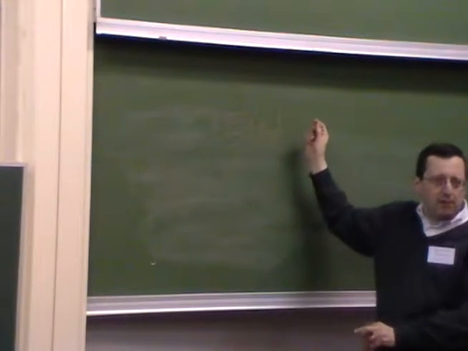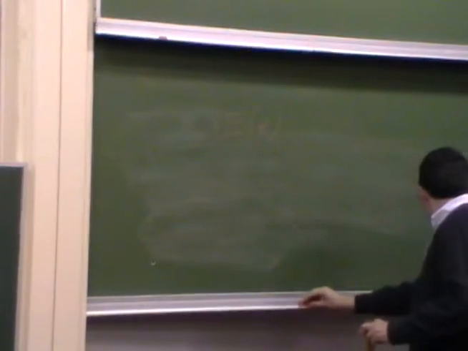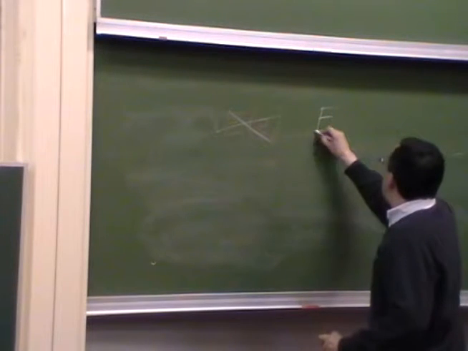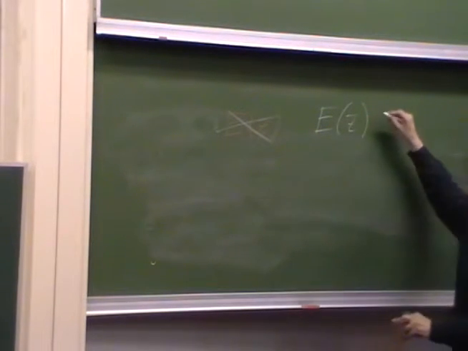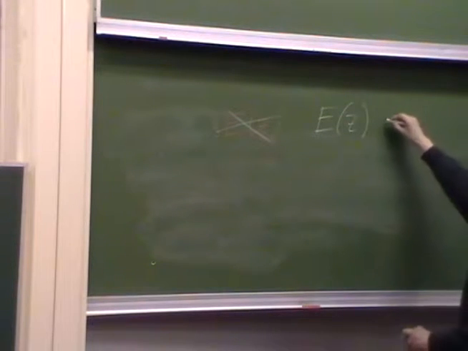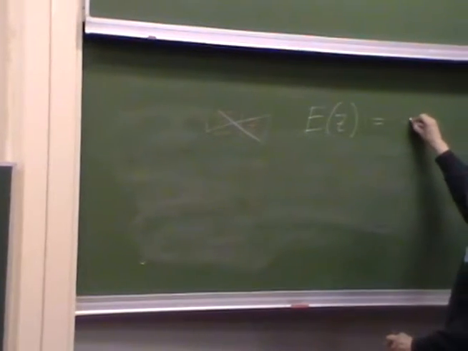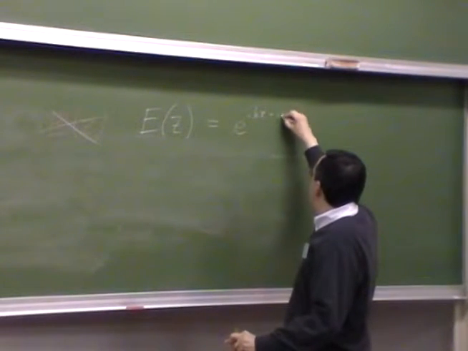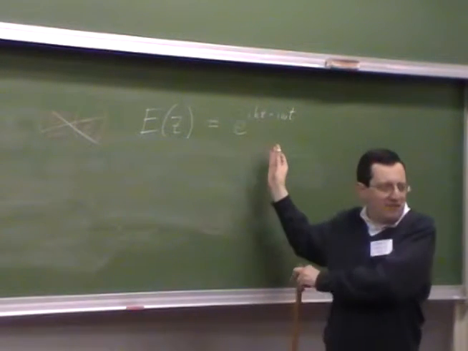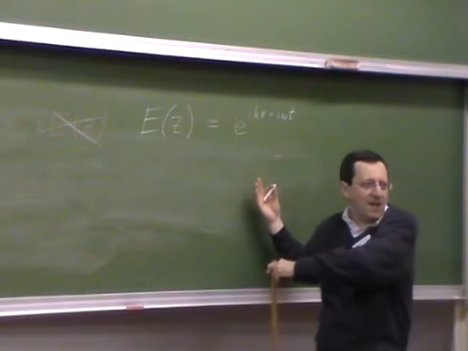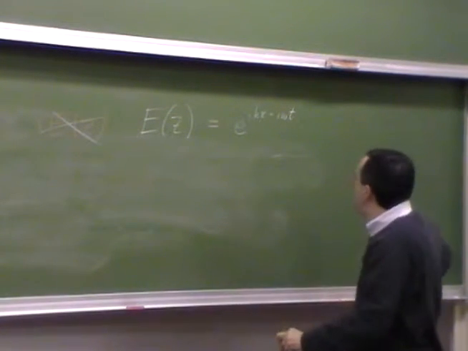The electric field as a function of z is going to be equal to e to the i k z minus i omega t. That's sort of familiar from electromagnetism classes.